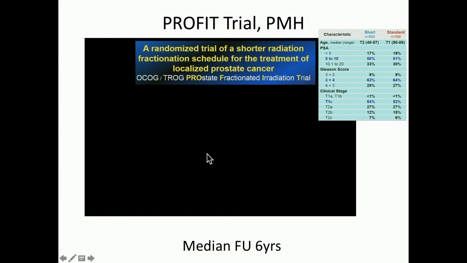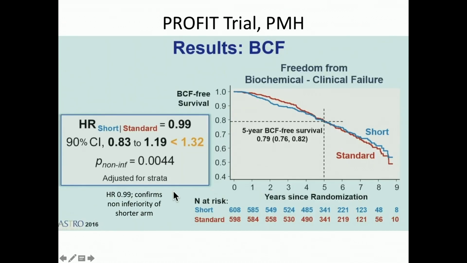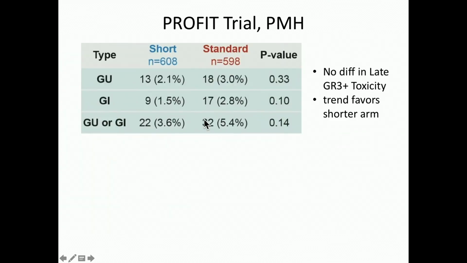The PROFIT trial over at Princess Margaret Hospital took patients who had intermediate prostate cancer, mostly, some with low risk, some with high risk based on PSA, and randomized them to conventional fractionation versus a 4-week course of hypofractionation. And at 5-year follow-up, there was no difference in biochemical control rates. There was no difference in long-term toxicity, GU or GI.